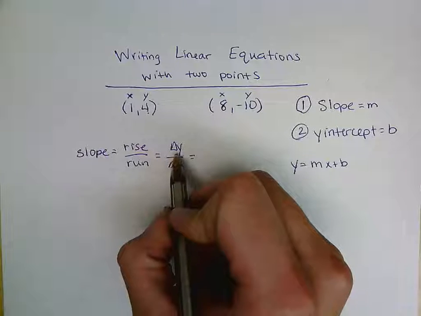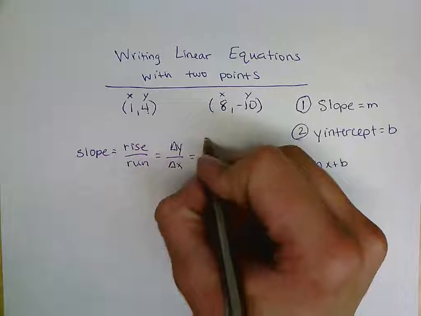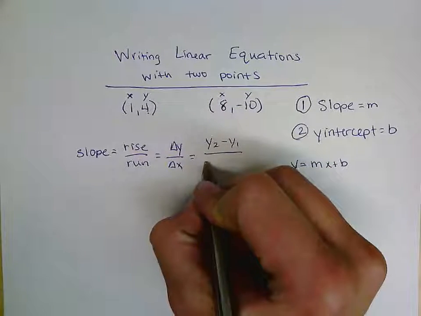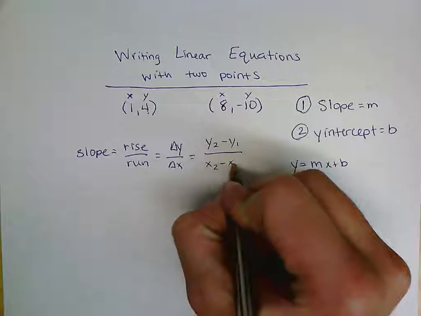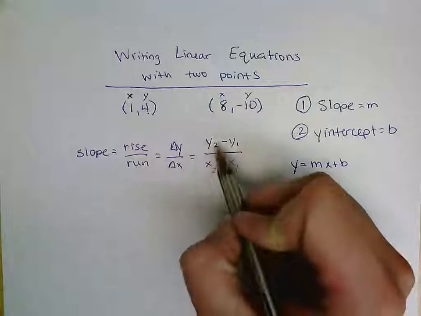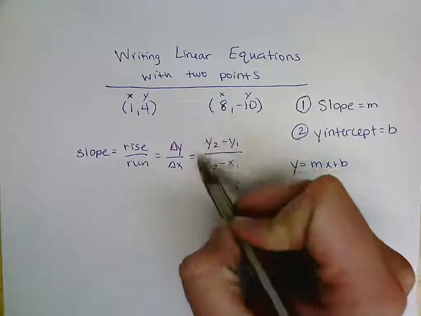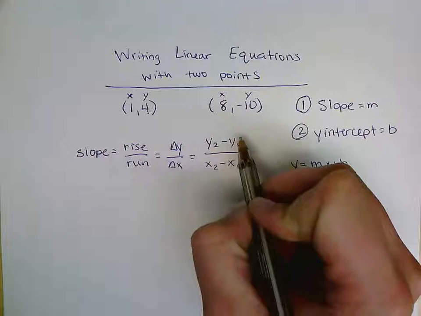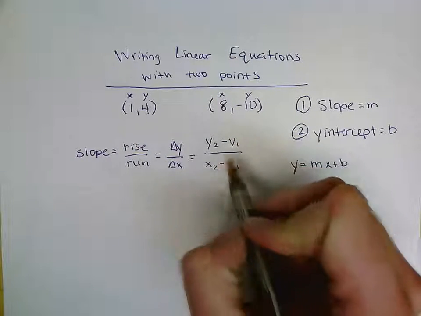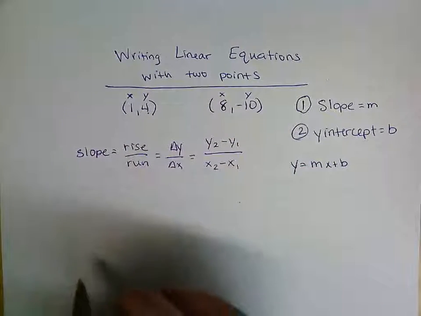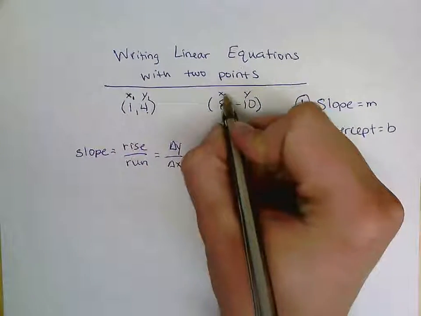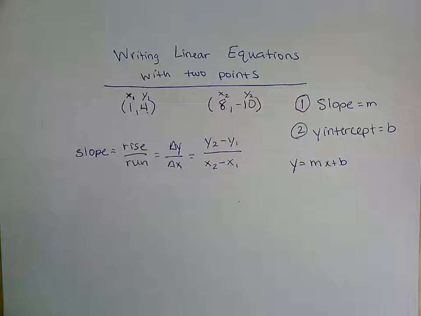We can also rewrite the change in y over the change in x as y2 minus y1 divided by x2 minus x1. The y2 and x2 here simply mean we're talking about the second pair of coordinates, and the y1 and x1 mean we're talking about the first pair of coordinates. So it may be helpful to write in x1, y1, x2, y2, so we can keep those straight.